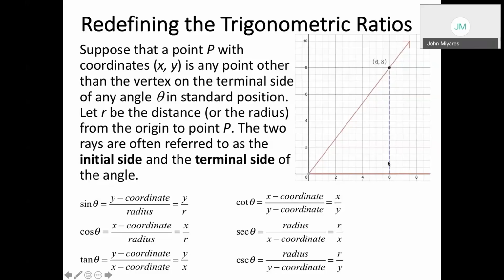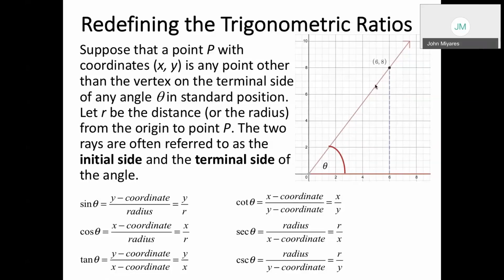One side here is this dashed segment going from point P down to the x-axis. The second side follows along the initial side, and the third side, of course, is our terminal side of the angle. Our reference angle and our actual angle are going to essentially be the same thing here because the angle theta lies in quadrant 1.